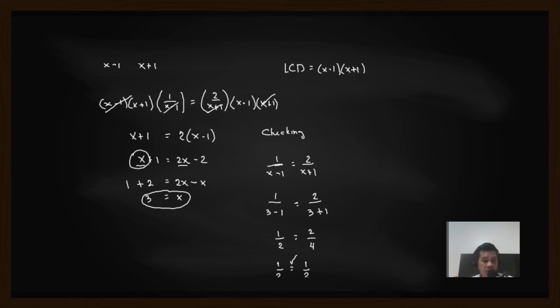And then, if you're not sure with your answer, you can check, copy the original, plug in the value of x, and then if both sides are equal, then we can say that your result is correct, or your value of x is true for the given rational equation.